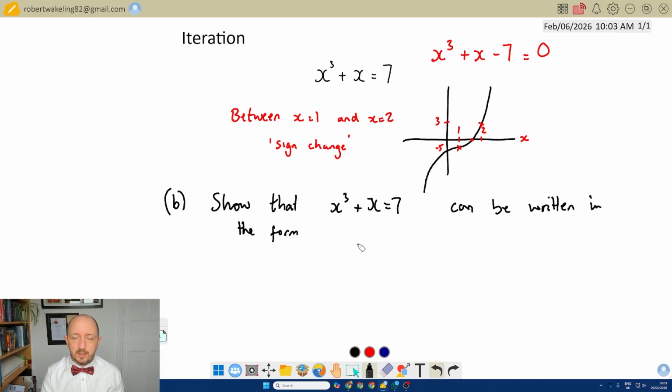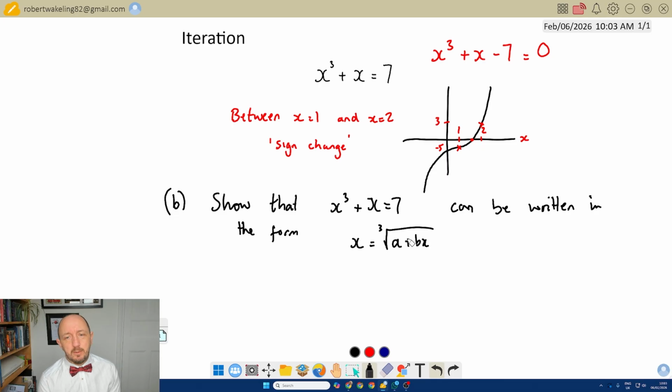So it might be something like x equals the square root of a plus bx or something like that. Okay, and what we do is we have to try to rearrange this and make x the subject. Oh, there might be a little cube root or something like that.